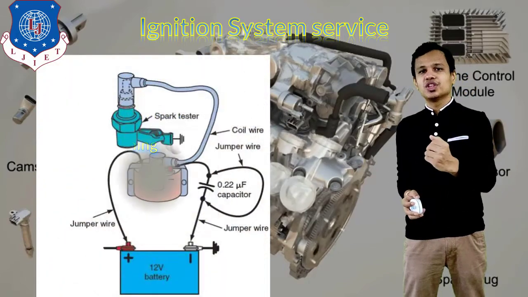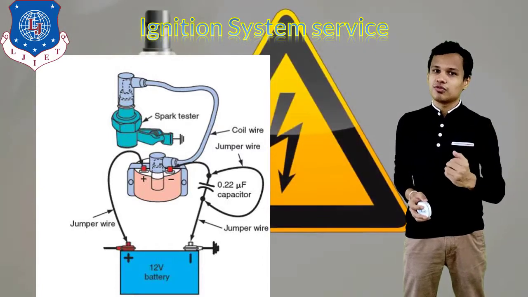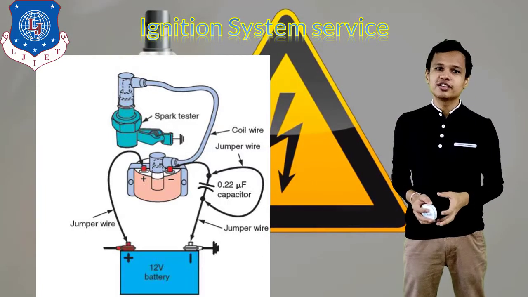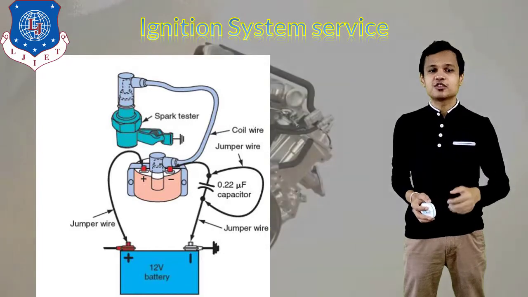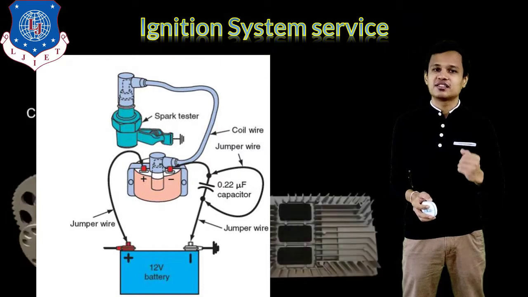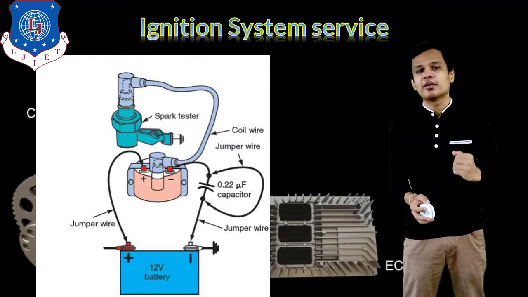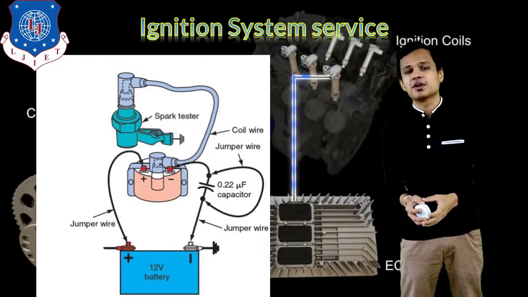Right, so this is the normal circuit for the ignition system, with the spark tester used for testing the spark. You can see the tester of the spark is powered by the 12-volt battery that is connected with jumper wires.